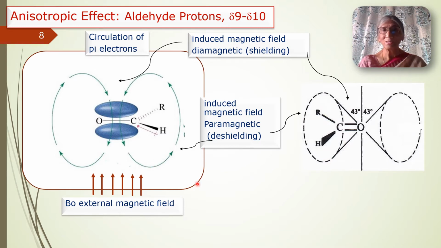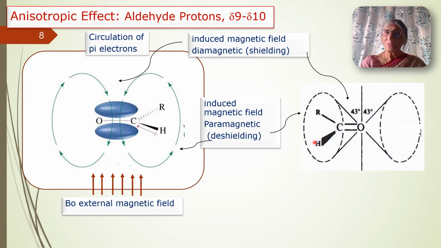Somewhere it is paramagnetic, somewhere it is diamagnetic, and since the aldehydic proton falls in the paramagnetic area, where the effective magnetic field is greater than the applied magnetic field, therefore aldehydic protons are highly de-shielded protons. So here also, which area is paramagnetic and which area is diamagnetic, we can see the cone here.